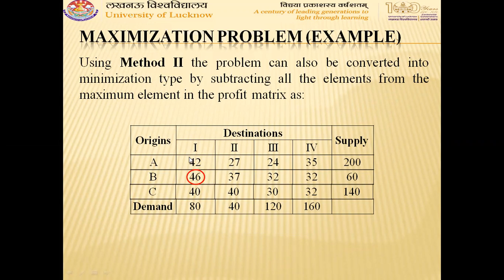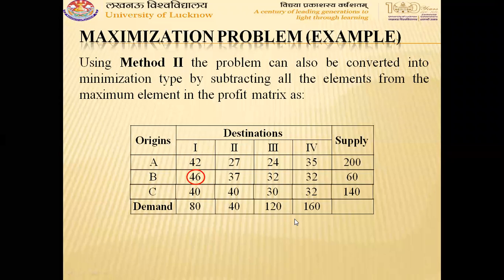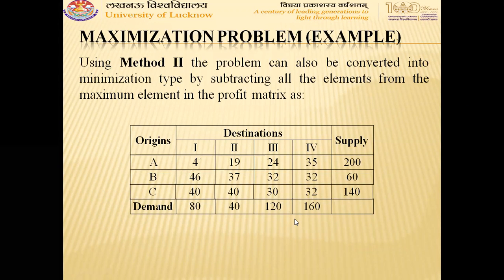It becomes 46 minus 42, that is 4. It becomes 46 minus 27, that is 19. This quantity becomes 46 minus 24, that is 22. Similarly, this will become 11 and so on. The last one will become 14. That is how we obtain it.